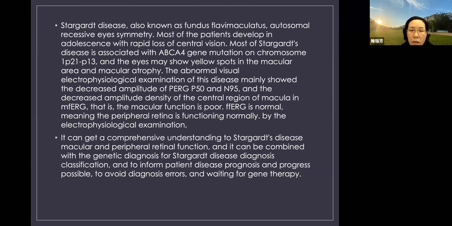Are they in an early stage or a severe stage? Because at different stages, if we enroll a patient into a clinical trial, functional evaluation will be more accurate if we can still record their ERG or PERG.